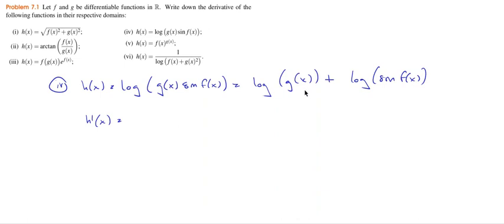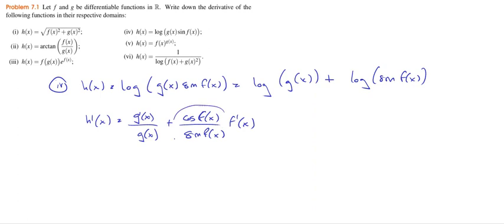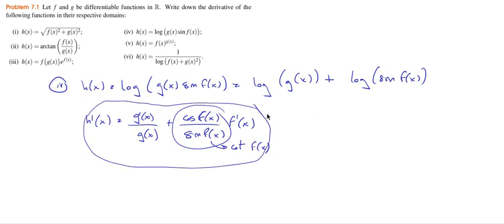The derivative of the logarithm of g of x is g prime divided by g. And then the logarithm of the sine gives the cosine of f divided by the sine of f times the derivative of f, which is the cotangent of f of x times f prime. So this is the derivative, a straight application of the chain rule again.